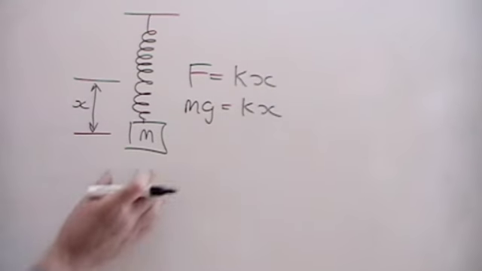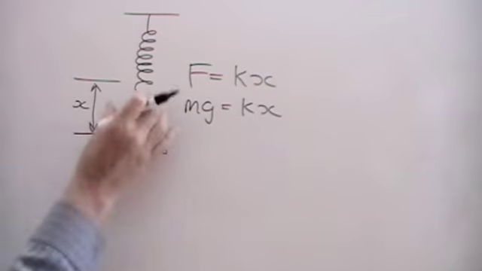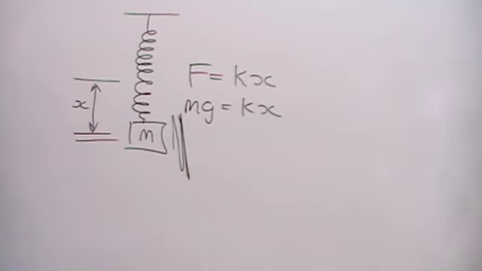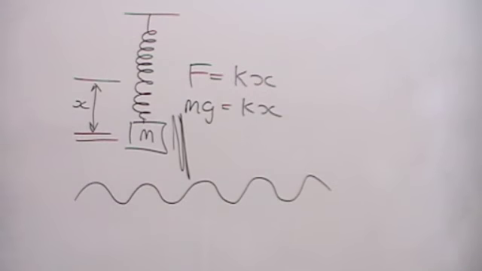Now, if I were to take this mass and pull it down a little bit and let go, then of course the spring is going to oscillate up and down about a mean position. And that oscillation will be a sine, or if you like, a cosine term. So you get essentially the oscillation according to a sine or cosine wave pattern.